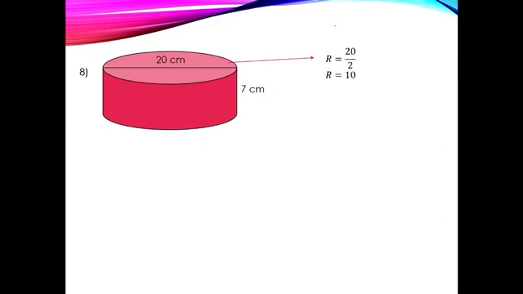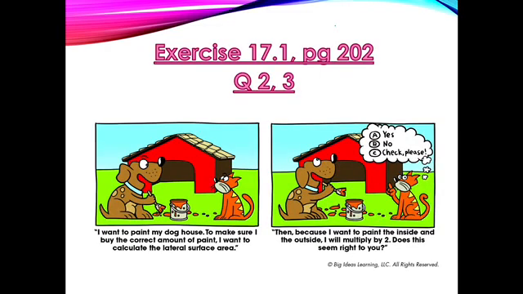So 20 divided by 2 will give you 10. Then you can fill it into your formula. Here's my formula. The radius is 10, your height is 7. Put it in your calculator, change it to a decimal, and you should get an answer of 1,068,14 centimeters squared.